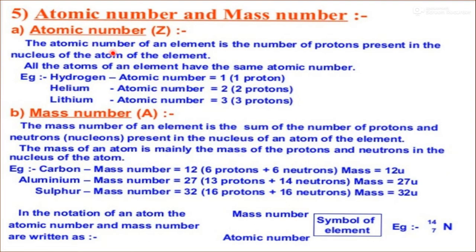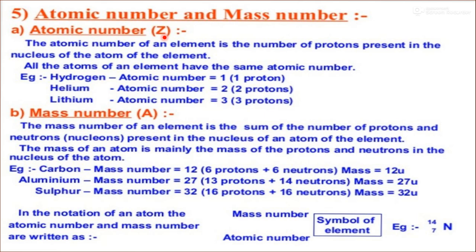Atomic number. Atomic number of an element is the number of protons present in the nucleus of the atom of the element. That means the number of protons present in an atom is equal to the atomic number. For example, hydrogen has one proton, so it has atomic number one. Helium has two protons, so it has atomic number two. Lithium has three protons, so it has atomic number three.